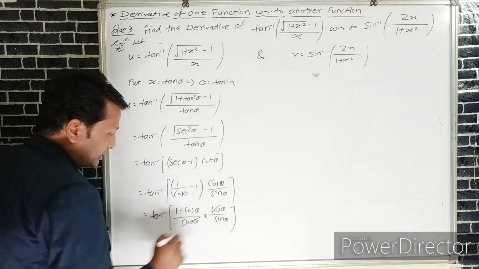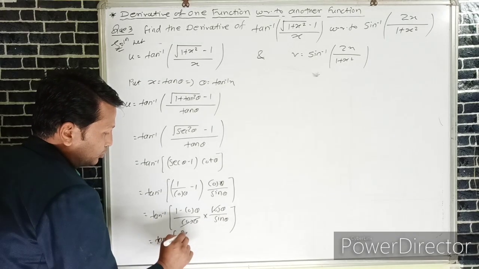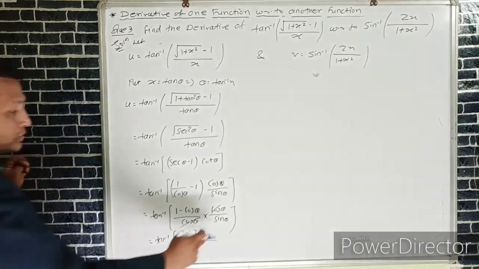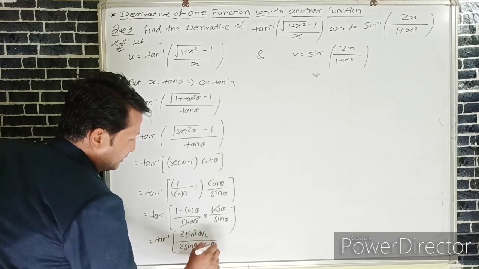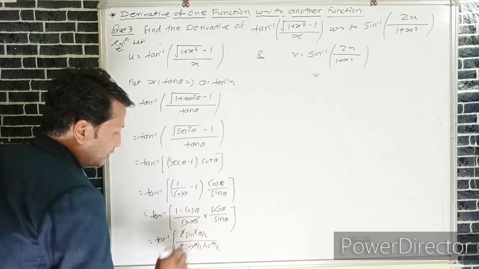Here cos theta cancels. We know that 1 minus cos theta is 2 sin square theta by 2, and sin theta is 2 sin of theta by 2 into cos of theta by 2. Here 2 cancels, sin of theta by 2 cancels, leaving sin theta by 2 upon cos theta by 2.